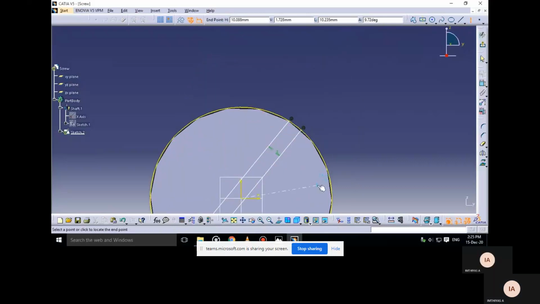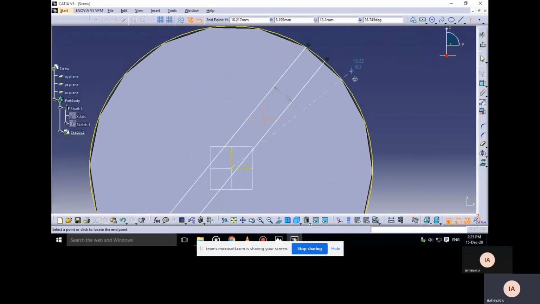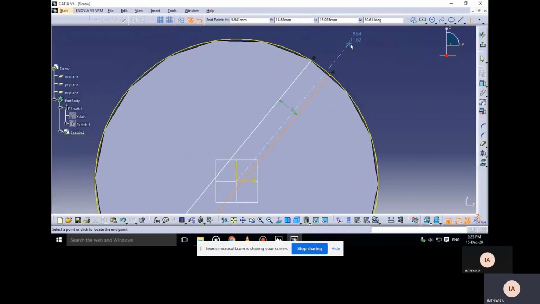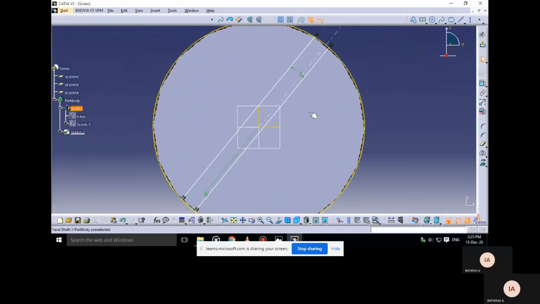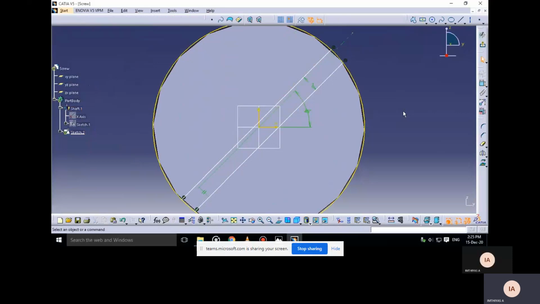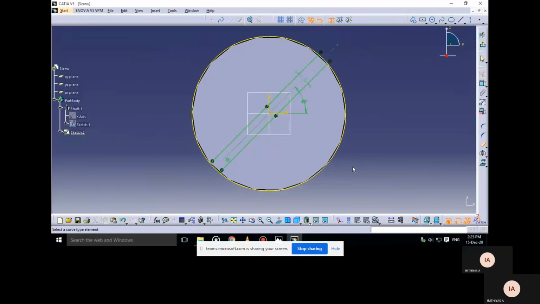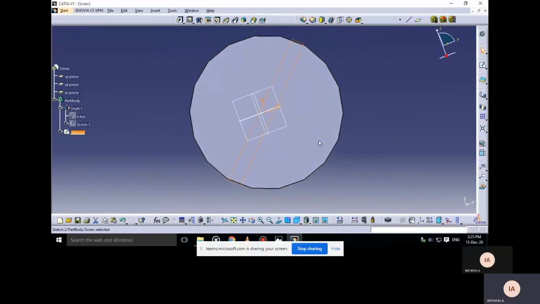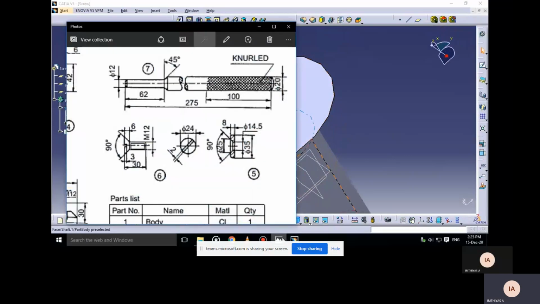The axis line, the central line that we are making, should be made coincident with the central line. We'll make these lines coincide with each other, that is symmetry. Now the profile is made, and we'll remove the center hidden line.